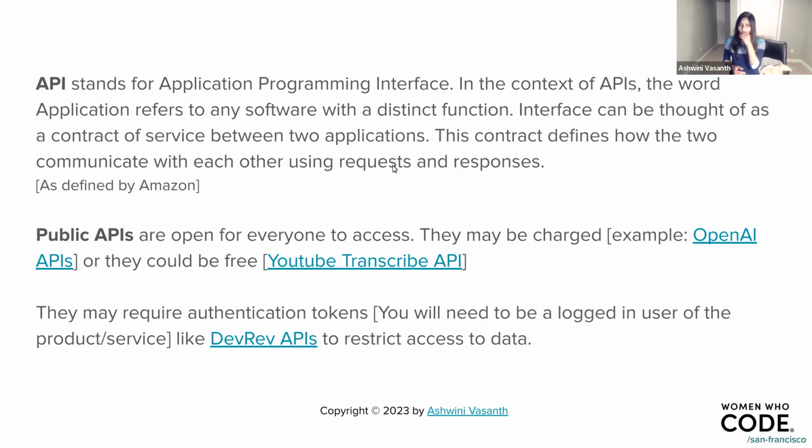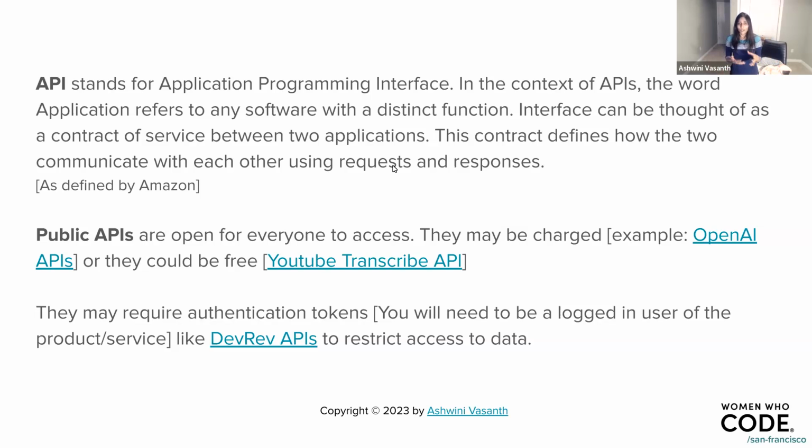So the YouTube transcribe API, which we're going to really quickly come to in our project, is a free API, right? Now, even if they're free, they might actually have mechanisms called authentication tokens. What does that mean? Now, typically when you use a product, you log into it. You have a username and a password, right?